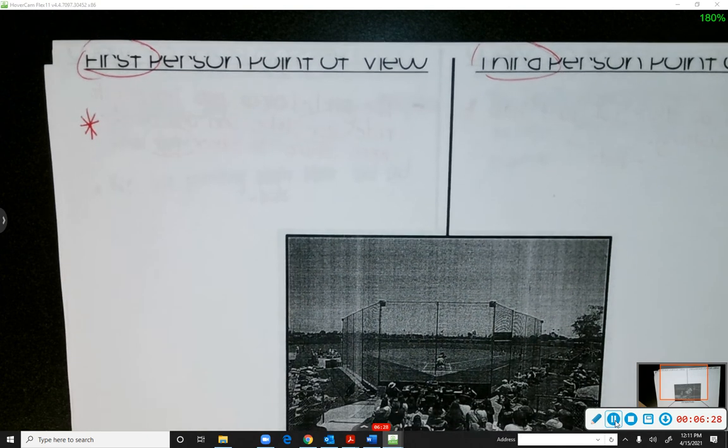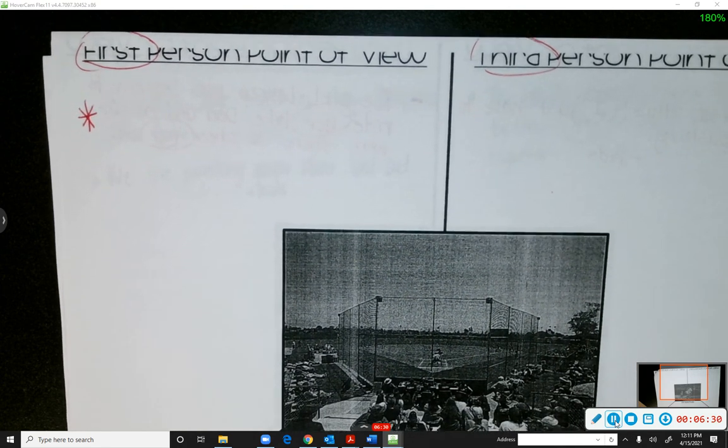Okay, Bryson, do you want to share your sentence? We should just have one, first person right now. I am up to bat. Kelsey? I'm a fan. I am enjoying this game so much. So that could be a fan watching the game, their perspective. Allie, what was your first person sentence?